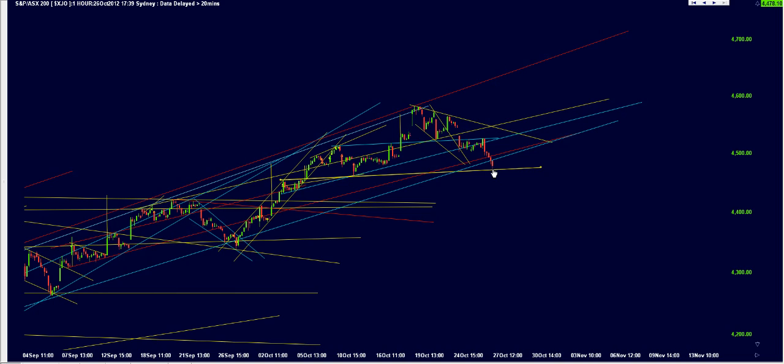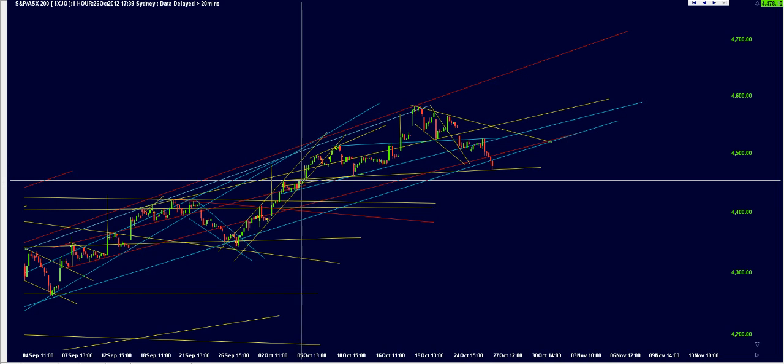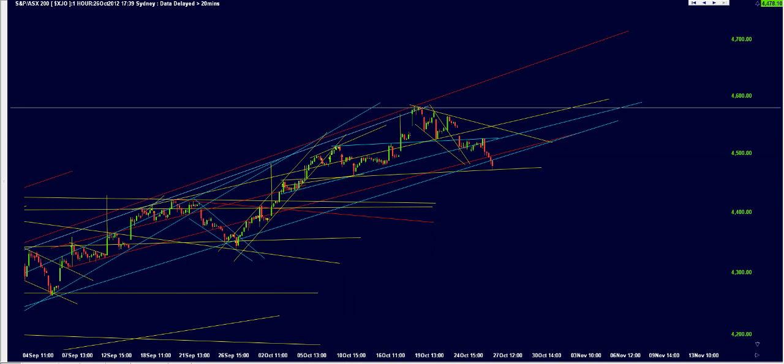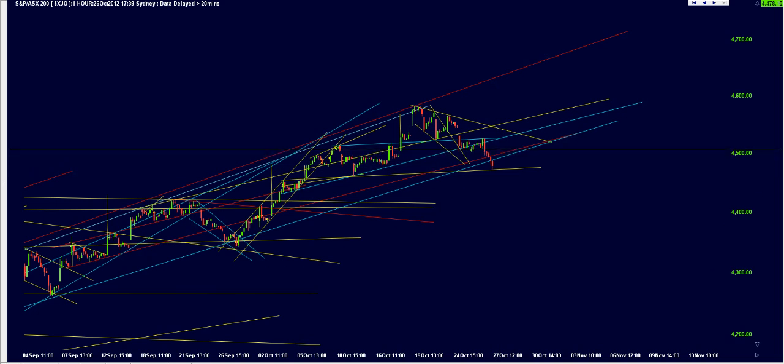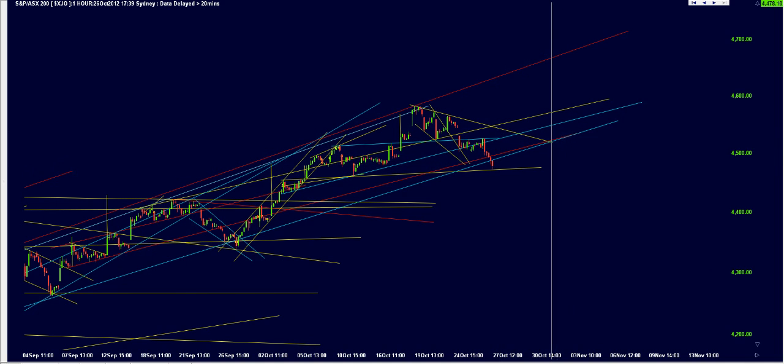One potential thing that we are looking out for is a head and shoulders topping formation in the ASX 200. As you can see, this yellow line where we did bounce on Friday, we could see a left shoulder here, a head, and maybe a move up to test one of these areas of support, and we may resist off and then come back down and take out this yellow line.